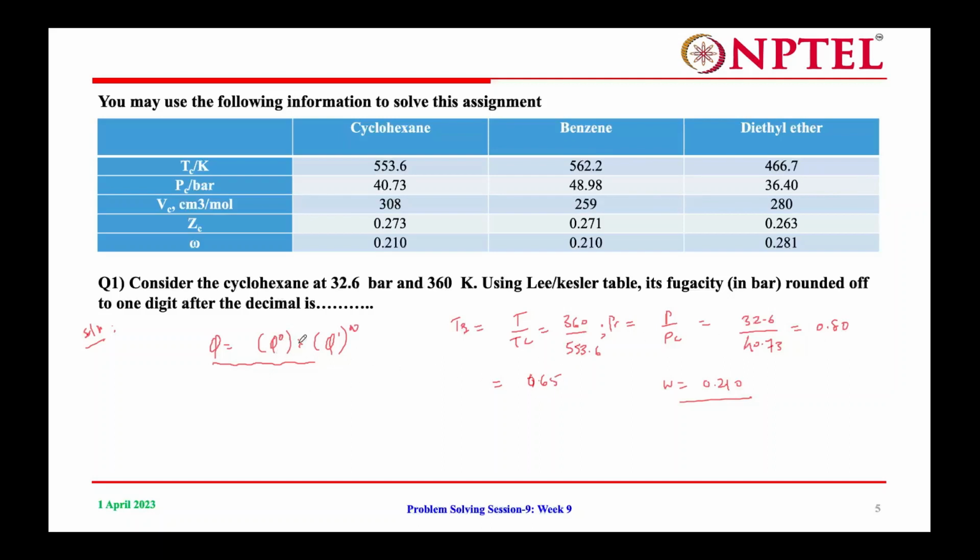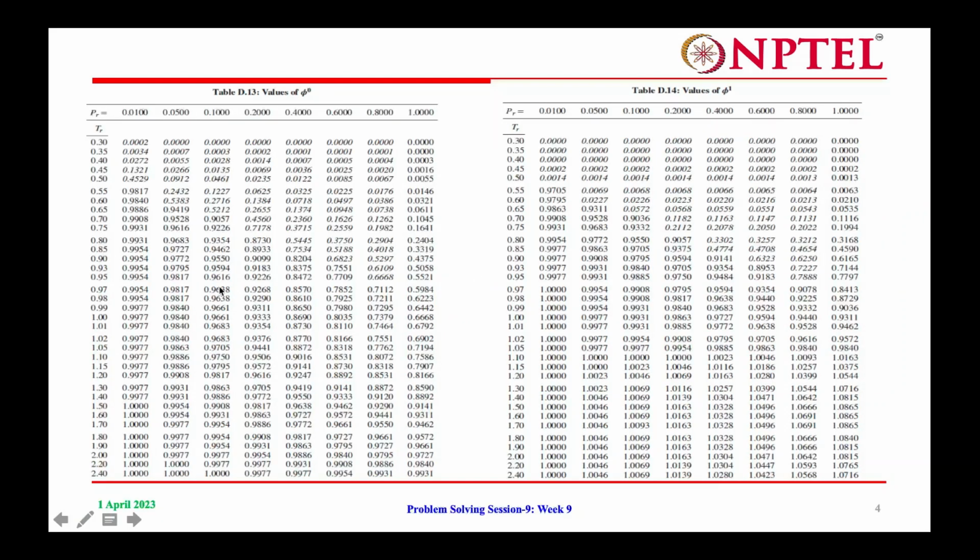Here is phi0 at T_r 0.65 and P_r 0.8, which is 0.0738, right?